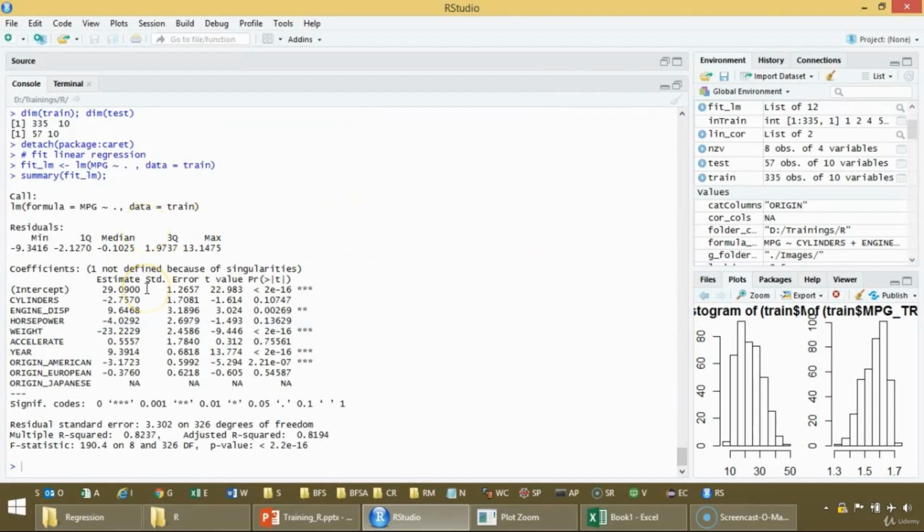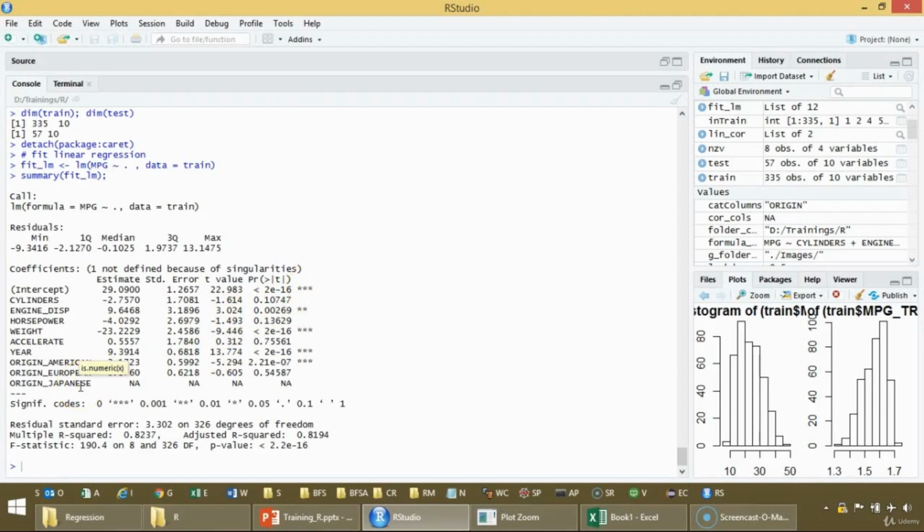So if you see over here, there is some kind of coefficient, some standard error, and the t-test it has done. Wherever you see a star, those are the significant ones, at different confidence levels. And what is the meaning of confidence level?